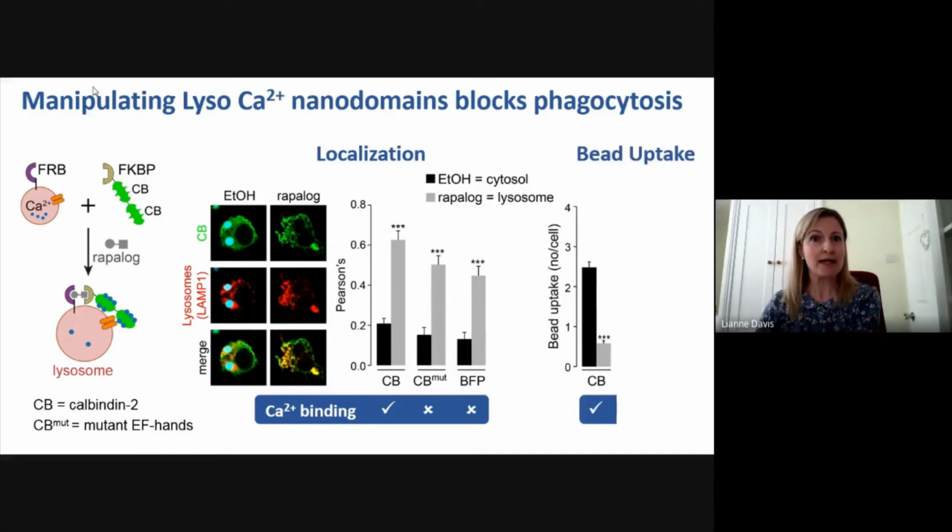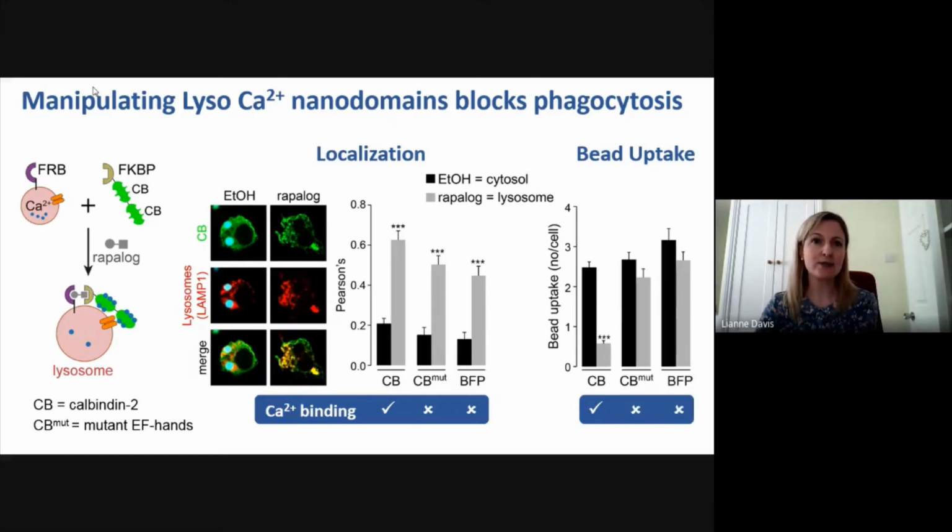But crucially, bringing the calcium buffer to the lysosome with rapalog inhibited bead uptake when compared to the non-translocated ethanol control. And this inhibition correlated with the ability to bind calcium because neither the triple BFP nor the mutant calbindin affected bead uptake. Therefore, targeting calcium buffers to the lysosome supports our model that local lysosomal signals drive phagocytosis.